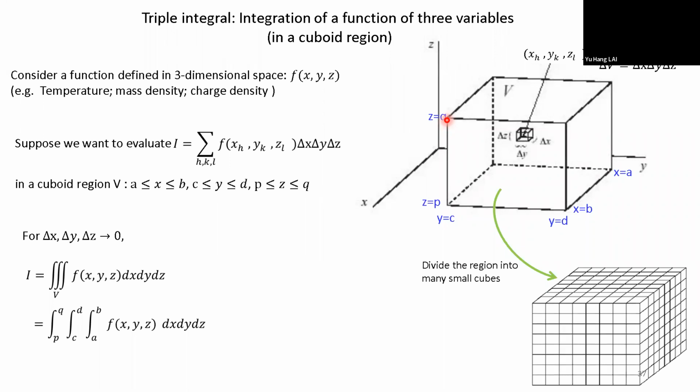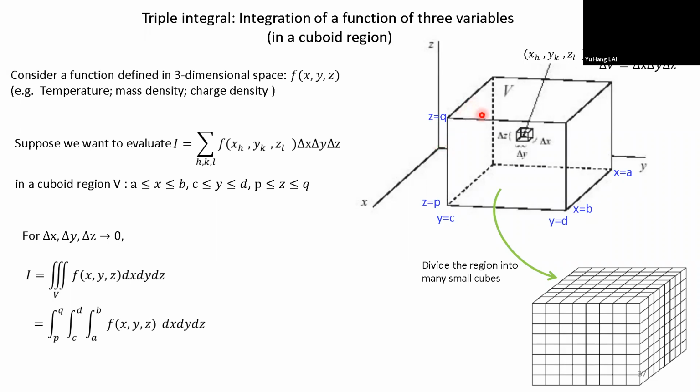Here, I draw a rectangular box to be my integration region. To define this box, of course, you need to give me two constant numbers in x, two constant numbers in y, and two constant numbers in z.